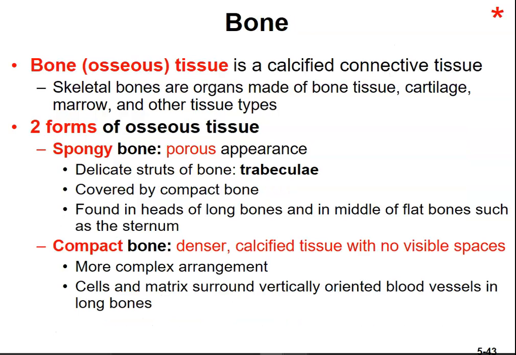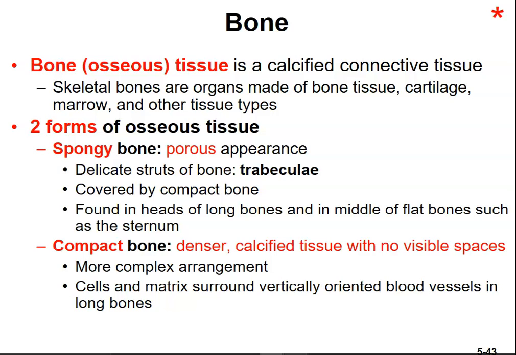Bone is another type of connective tissue. Bone is a calcified connective tissue. It's hard. We have two types of bone, spongy bone and compact bone. Spongy bone has holes. The skull is made of spongy bone. The other type of bone is called compact bone. It's dense, calcified tissue with no visible spaces.